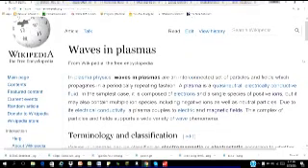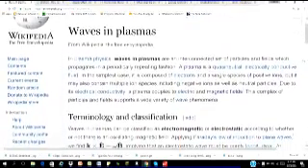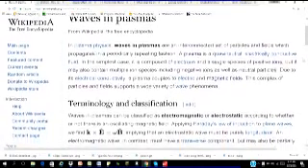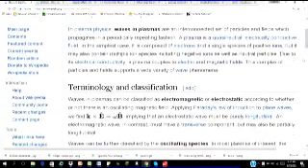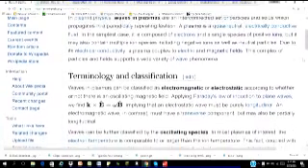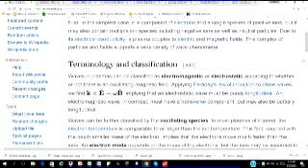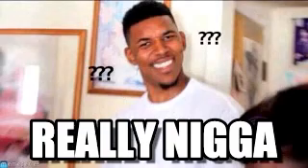Now the question is, does plasma have waves? Yes. Waves in plasmas can be classified as electromagnetic or electrostatic. An electrostatic wave must be mostly longitudinal waves, while an electromagnetic wave must have transverse components, or transverse waves in this case. Now you might be wondering, what does that mean?